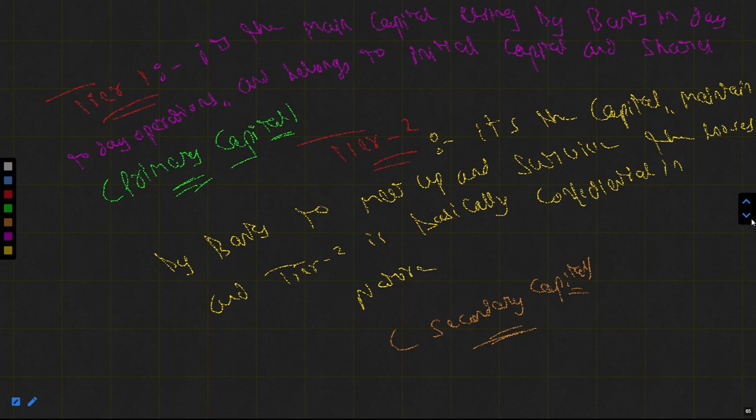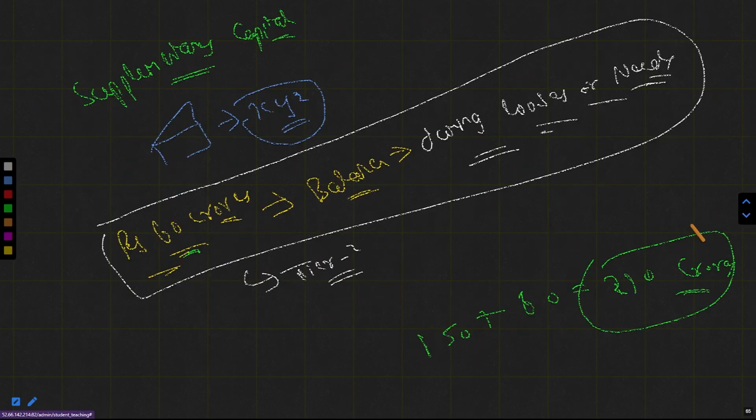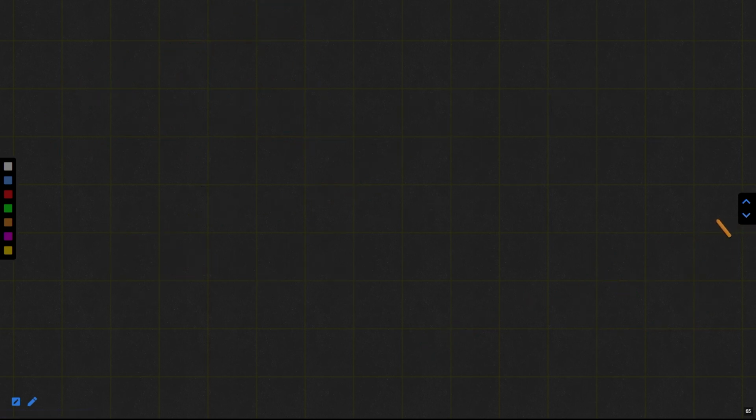Also remember, this 60 crores, or how much supplementary capital the bank is holding, is confidential and generally not available in the public domain. All right, but the RBI could allow the banks to maintain the MCR, or minimum capital ratio, by using both tier 1 and tier 2.